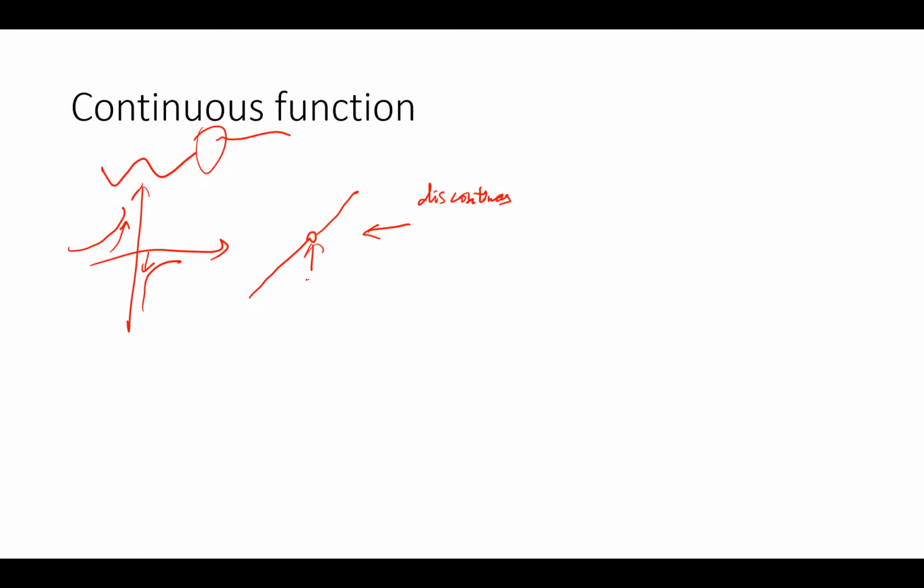for example, this is x equal to c. We can actually be more specific. This function, f of x, is only discontinuous at this specific point, which is x equal to c, and all the other points are continuous.